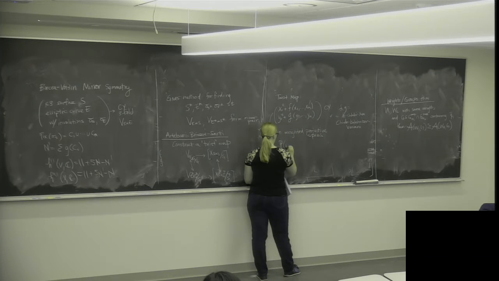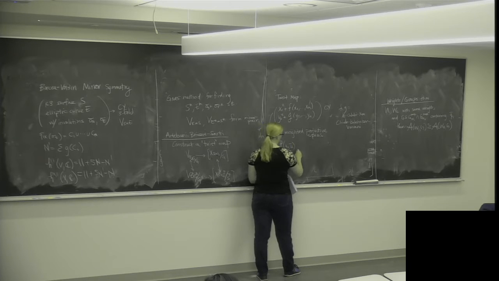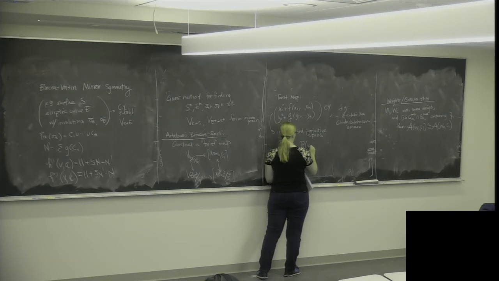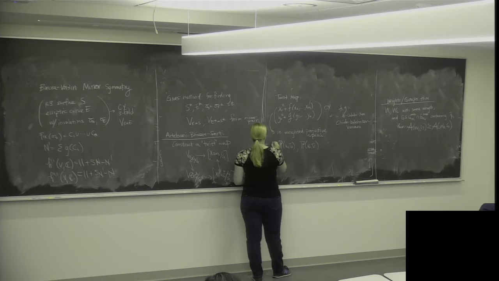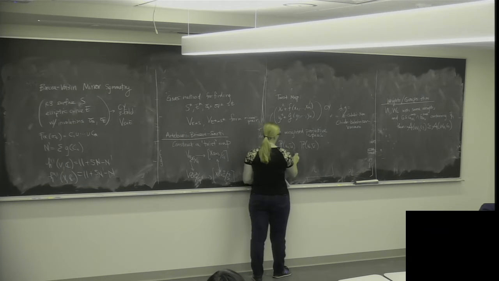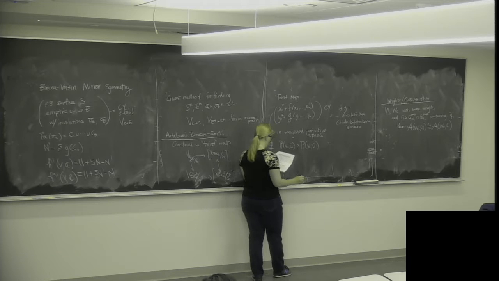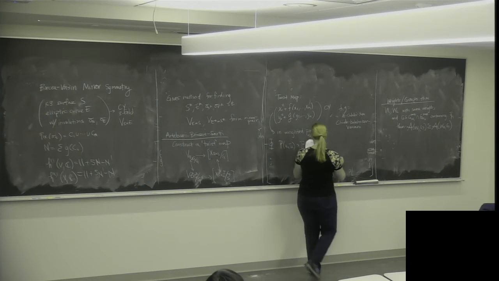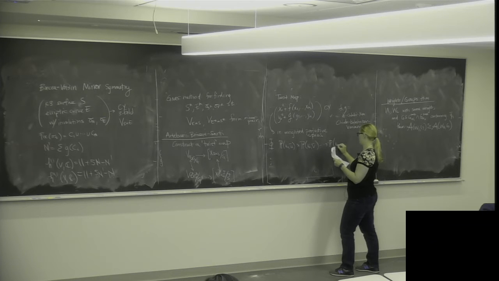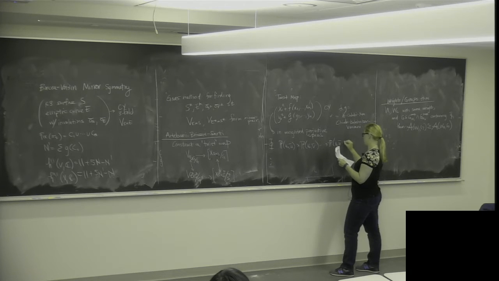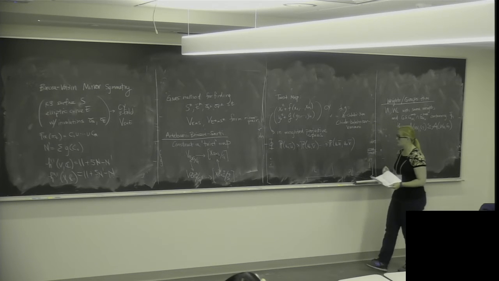Let's say this is the weighted projective space of the first polynomial, and this will be the weighted projective space of the second polynomial. Then Artebani, Boissière, and Sarti construct this map that takes the product of these two weighted projective spaces and sends it to this weighted projective space.